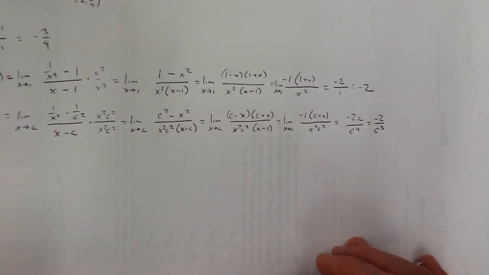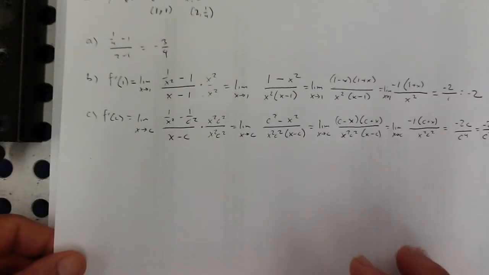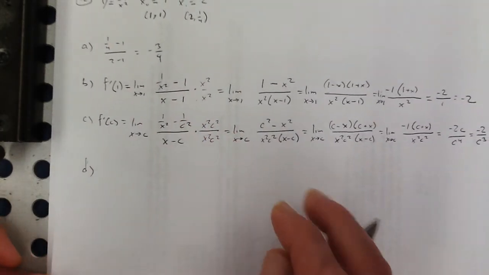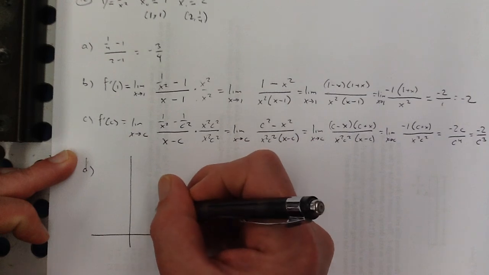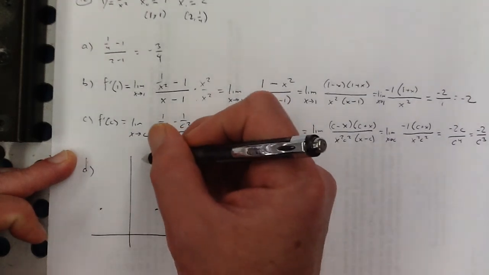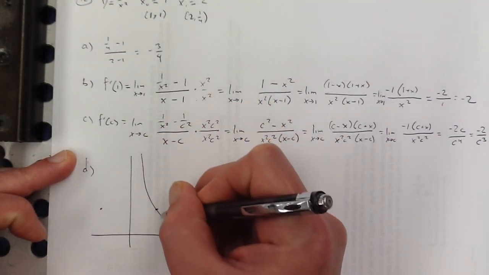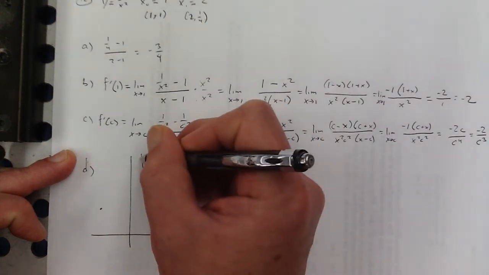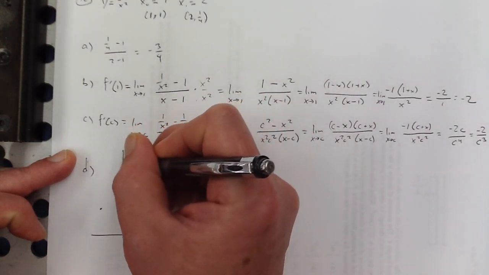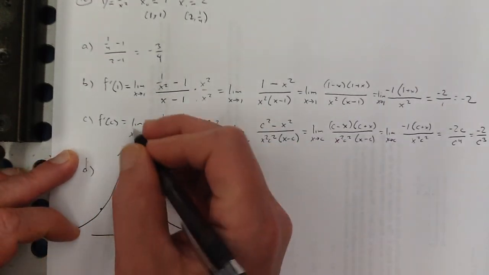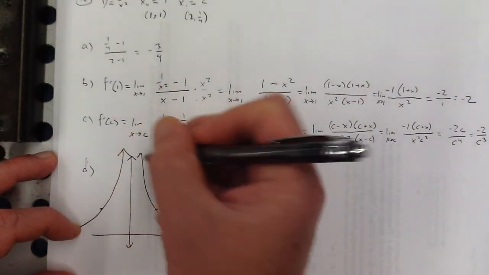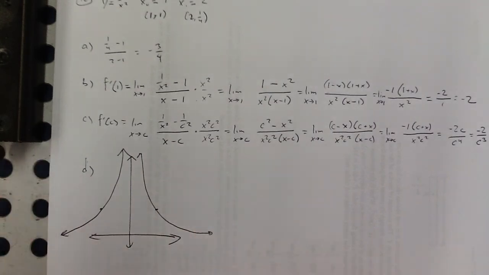All right. And then d, make the sketch. So what does that look like? 1 over x squared looks kind of like 1 over x, but it hugs down to that axis a little faster, and since the x's are getting squared, it's symmetric to itself over the y-axis. In other words, it's an even function. So what do they want us to draw here?